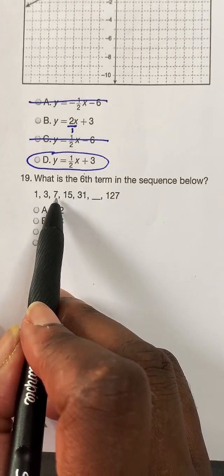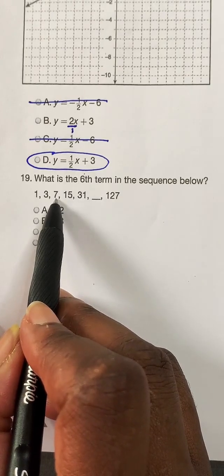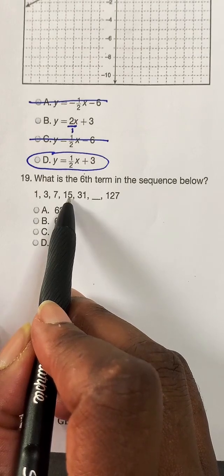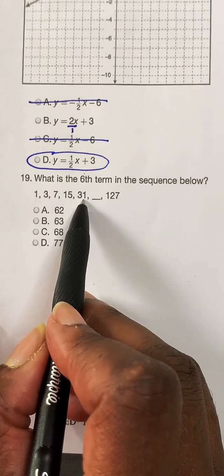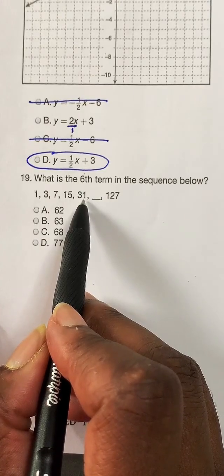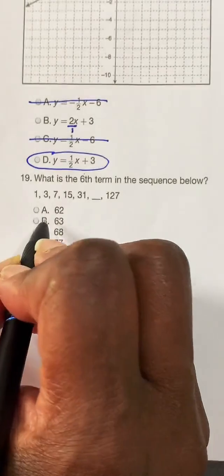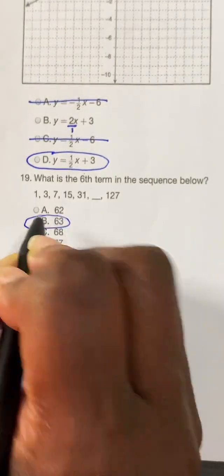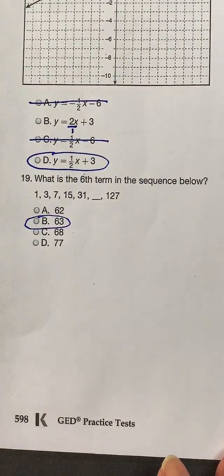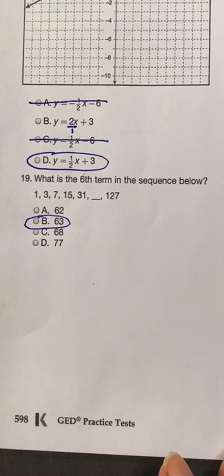Oh, hold on. 7 times 2 gives me 14, plus 1 gives me 15. 15 times 2 gives me 30, plus 1 gives me 31. 31 times 2, that gives me 62, plus 1 will give me 63. Okay, so that is the pattern. You multiply by 2 and then you add 1.